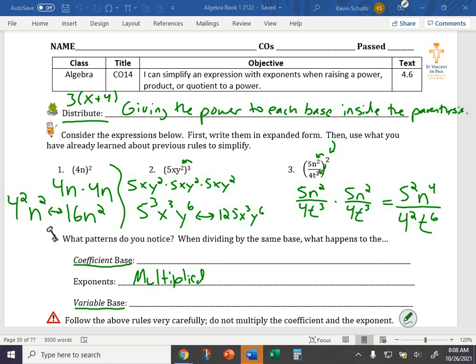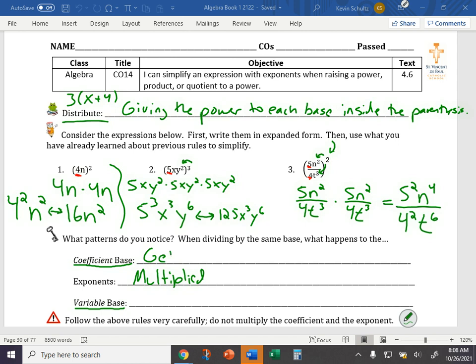What about our coefficient bases? What happens with this 4 here, with this 5 here, the 5 and the 4 there? What happens there? Ellen? They were like put with the exponent like you did with the exponent. Yeah, they just kind of take on the power, right?